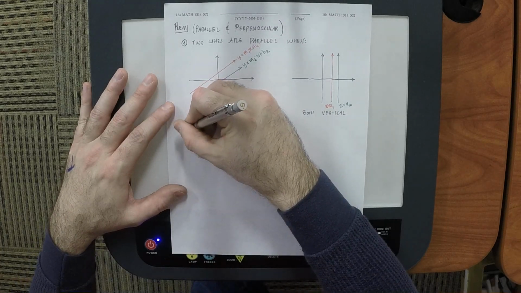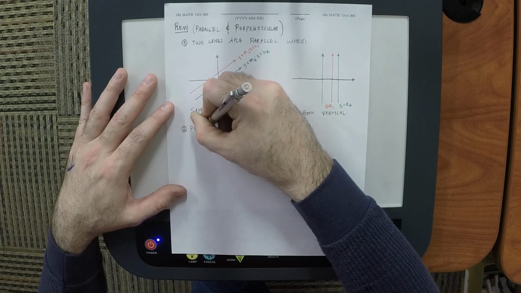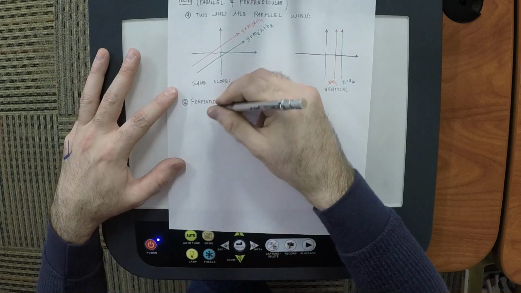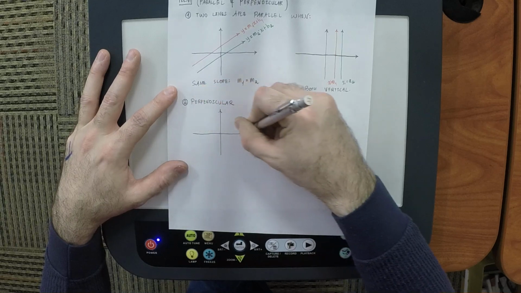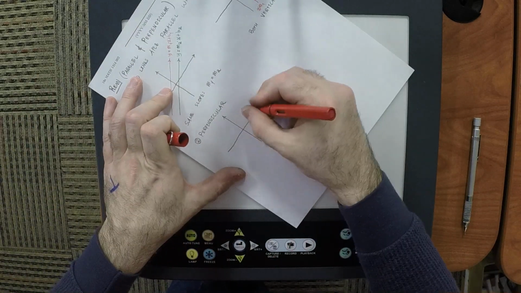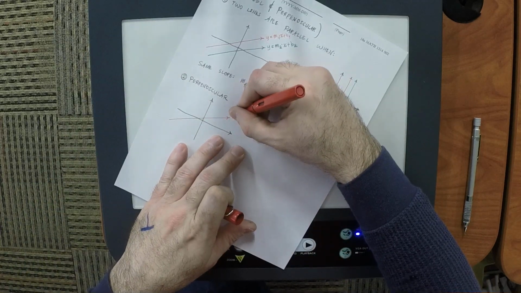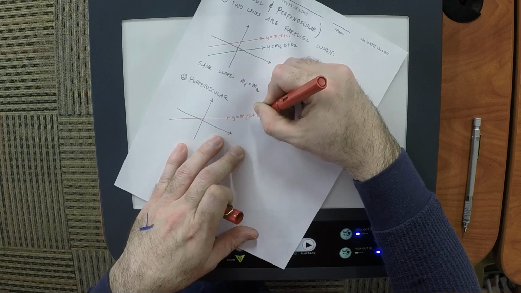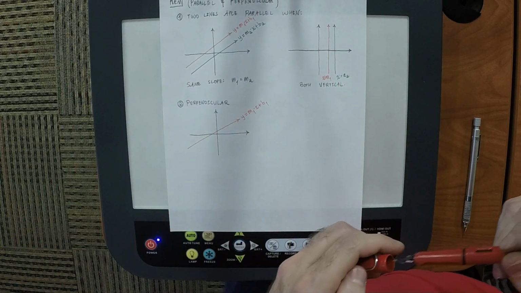Two. The counterpart to parallel is perpendicular. Again, there are two possibilities. So visually, qualitatively speaking, I've drawn a red line.